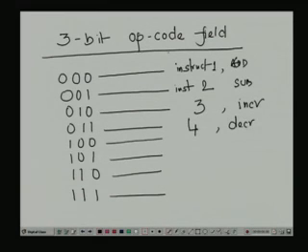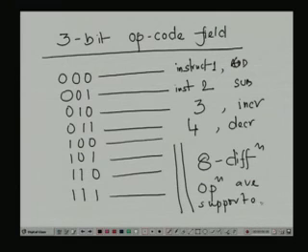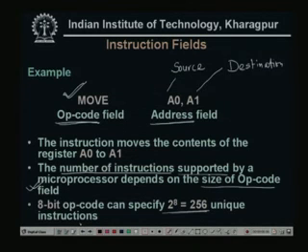So by a 3-bit opcode we can specify 8 different operations that are supported by this particular machine with a 3-bit opcode field. So this is the meaning of the opcode field.